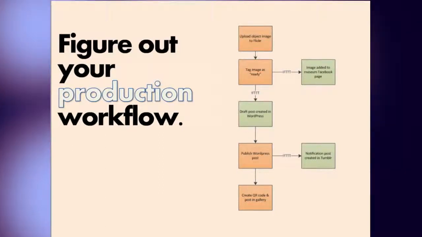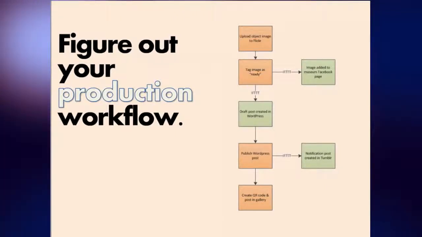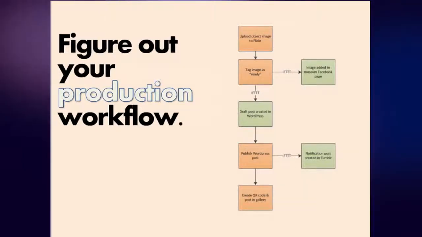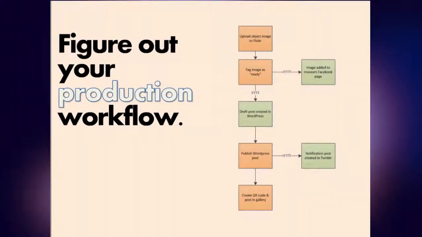So you'll see here I put together a couple of kind of sample workflow maps, and here you can see we've identified in orange the things that are done manually, and in green the things that are done automatically, with IFTTT as our service being listed there in the middle as the thing that causes the green stuff to happen.